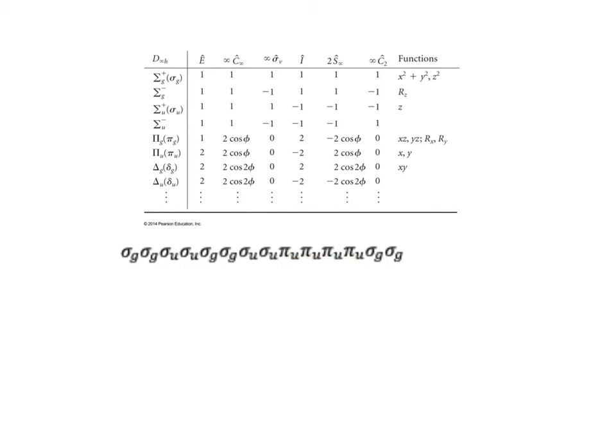So we take sigma g, and then we take the direct product of pi u, pi u, pi u, and we can see that for the pi ungerade, everything's going to get multiplied by 2, and these rotations, because it depends on the angle through which we rotate it, is going to be 2 times the cosine of phi. These pi orbitals have 180 degree symmetry, and so we're just going to use cosine of 180, which is just equal to 1.